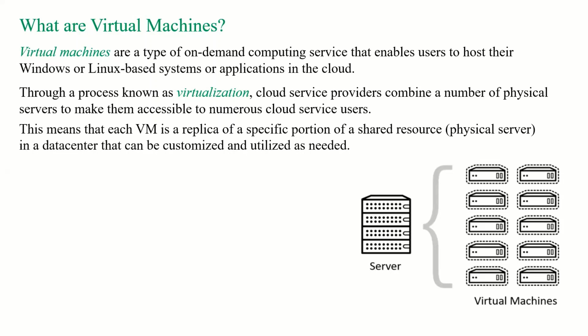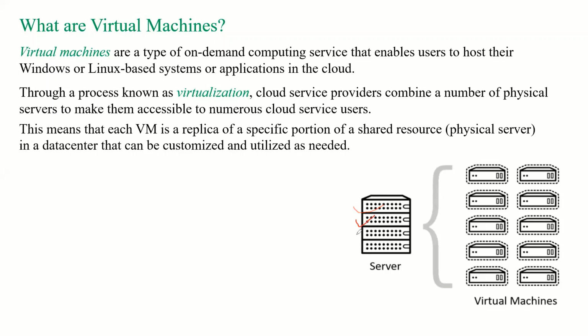This means that each virtual machine is a replica of a specific portion of a shared resource. The shared resource here is a physical server in a data center that can be customized and utilized as needed. On the extreme right in the pictorial presentation, you can see we have a stack of servers placed one above another.